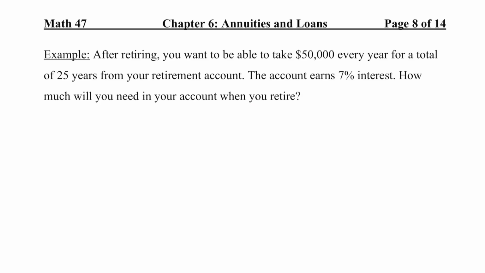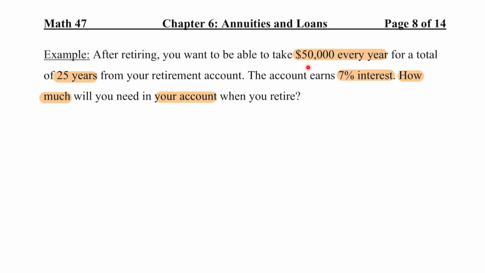So after retiring, I want to take $50,000 every year for a total of 25 years, and my retirement account earns 7% interest. I want to know how much I need in that account when I retire.